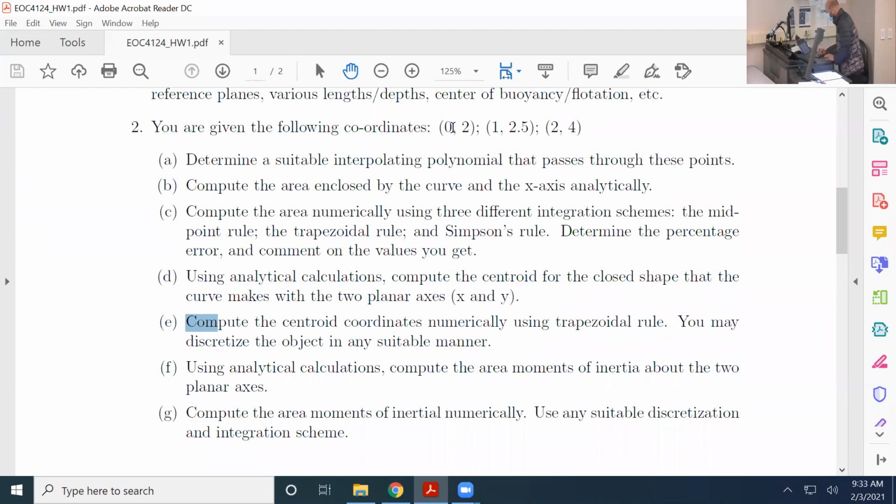Okay, so the coordinates given to us are basically (0, 2), then (1, 2.5), and (2, 4). So we're only given these 3 data points.